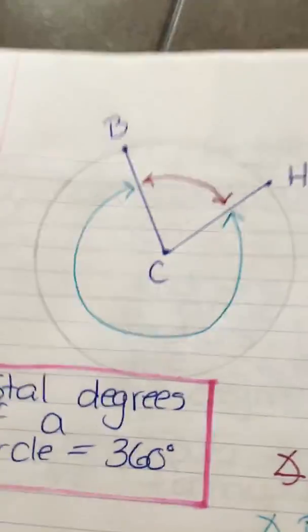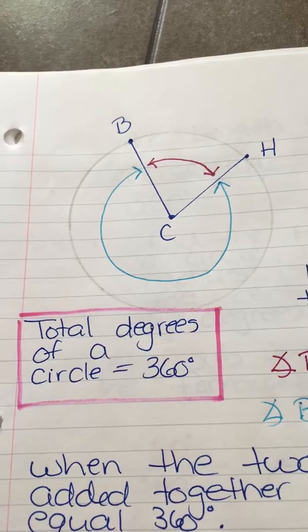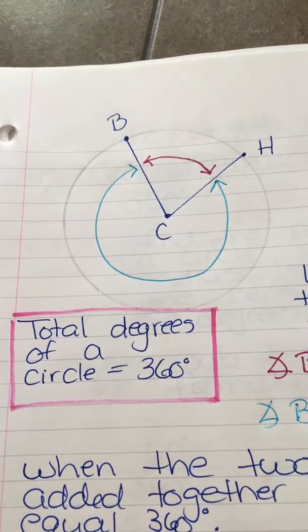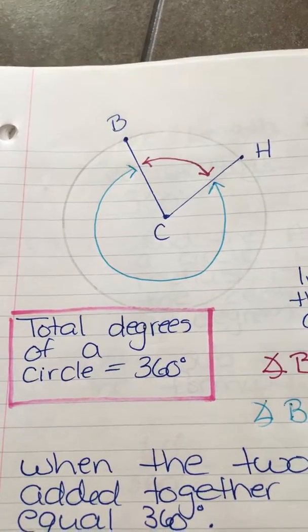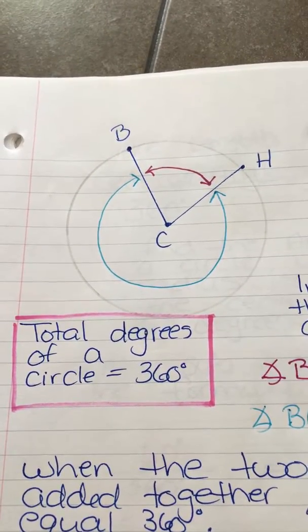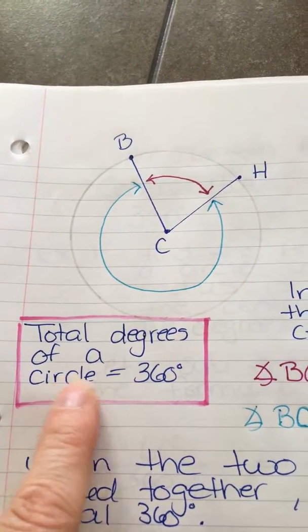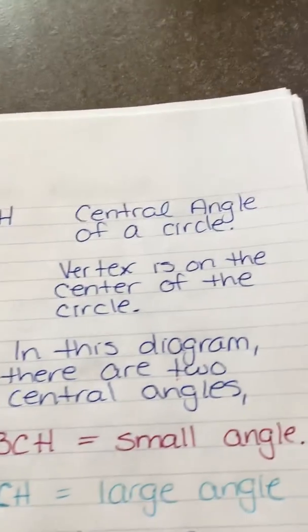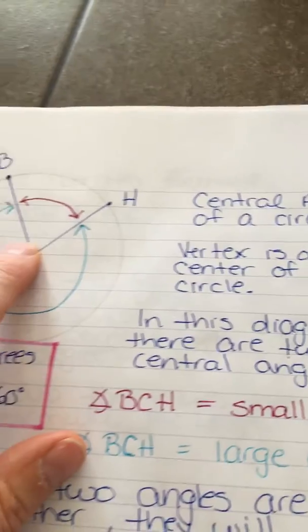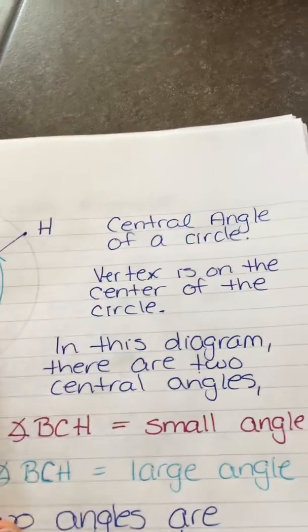Now, over here we have a circle, and it has two angles that have the same name, BCH. Okay, we have little BCH and big BCH, which is turquoise. And also make sure that you know that total degrees of a circle equals 360. So now this symbolizes that these are two central angles of this circle.